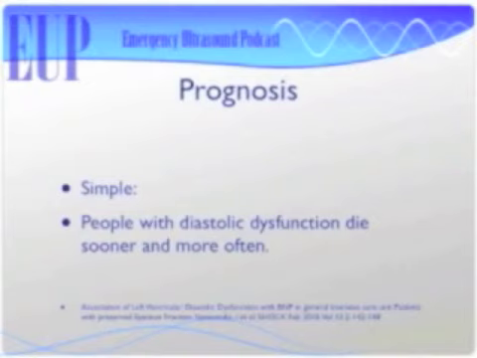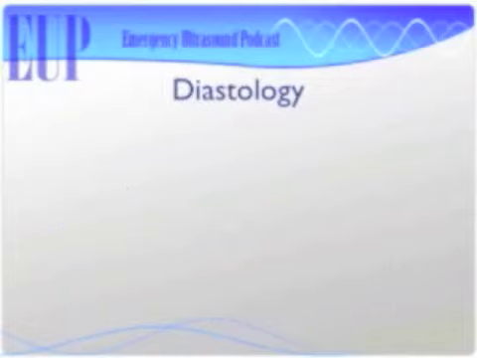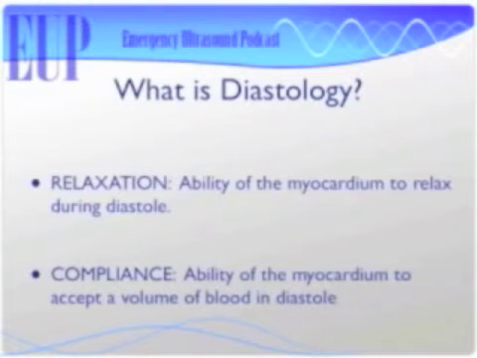So what is diastology? Diastology is basically the diastolic function of the left heart. The left heart has to relax and it has to comply. The ability of the myocardium to relax during diastole becomes very important, and the ability of the myocardium to comply and accept the volume of blood during diastole also becomes very important.